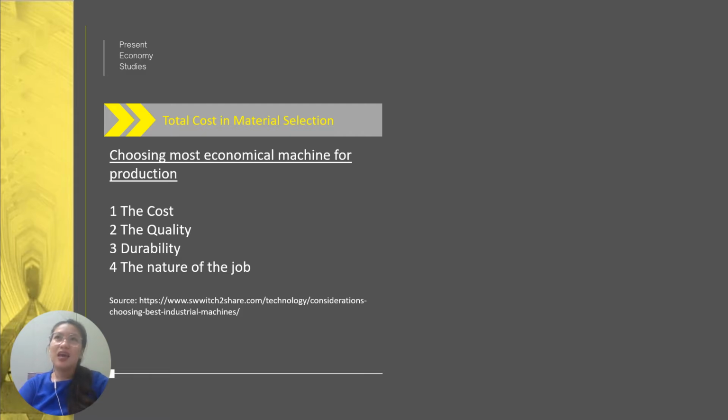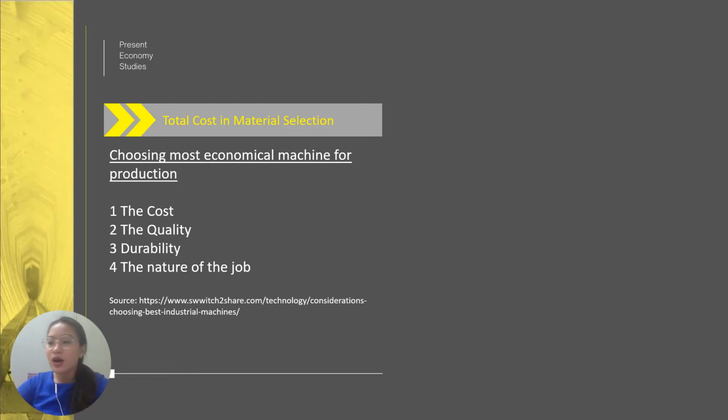Like, if you want wood versus concrete, let's say for the shipping factor, concrete is heavier to ship or transport. So it will matter, right? And we also have choosing the most economical machine for production.